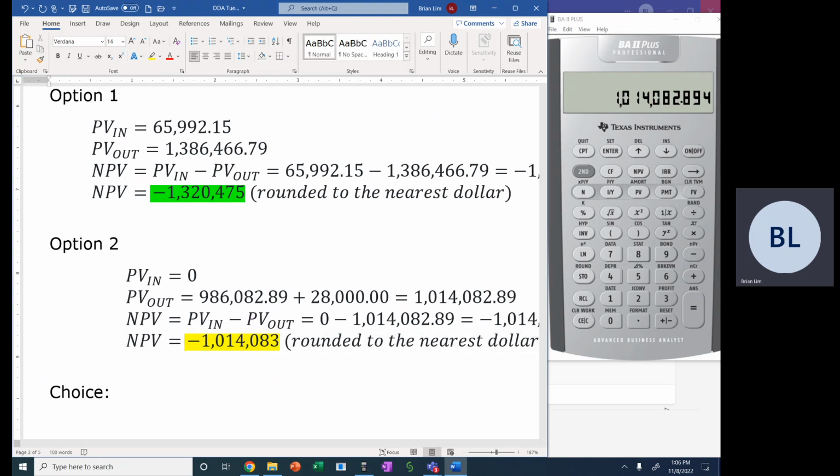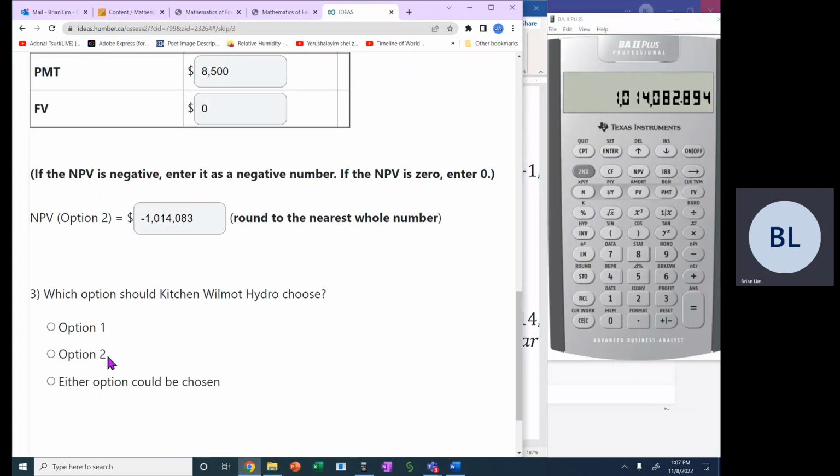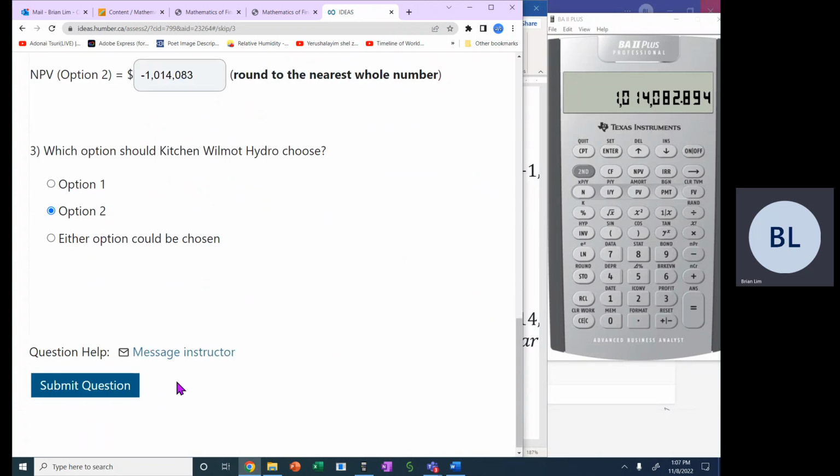So the choice is to choose option 2. All right, so maybe we can do it that way. So choose option number 2. So we come back here and we will choose option number 2, and hopefully it is correct.